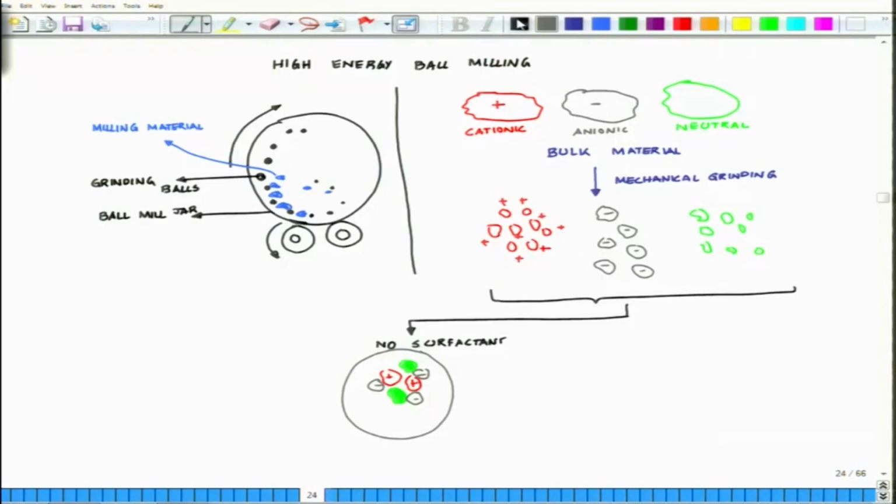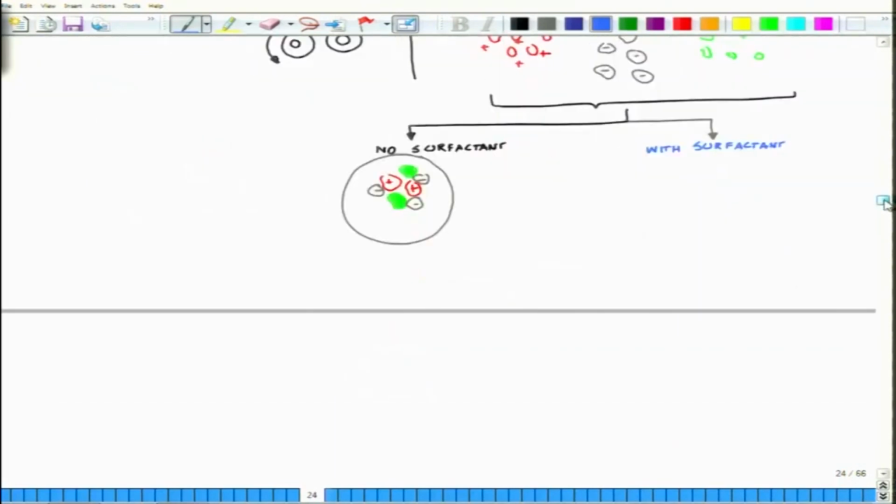Now if you are using a surfactant, this is with surfactant. With surfactant, the story changes. You could have anionic surfactants.